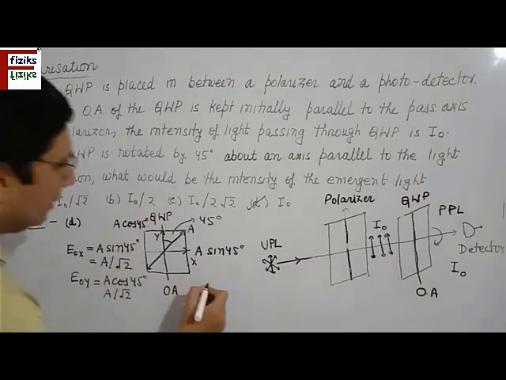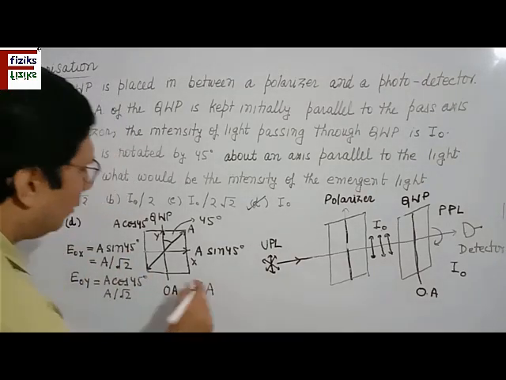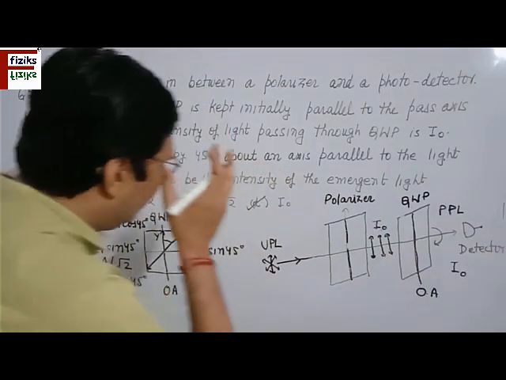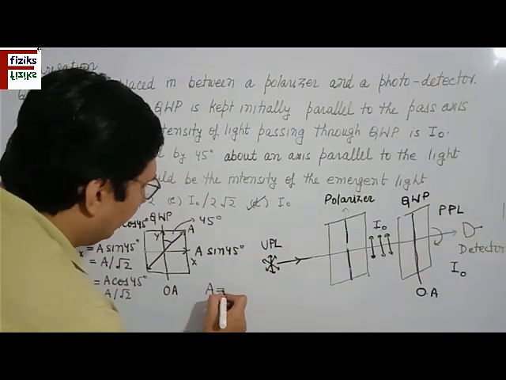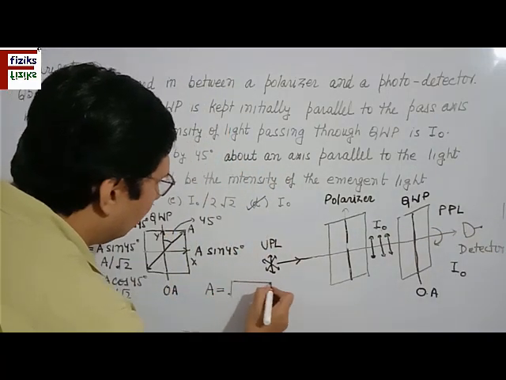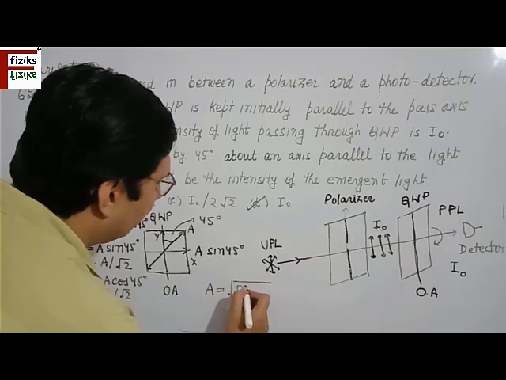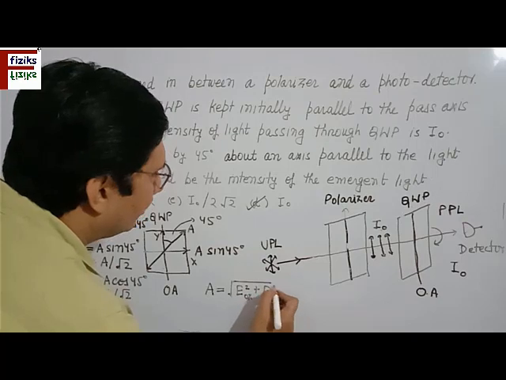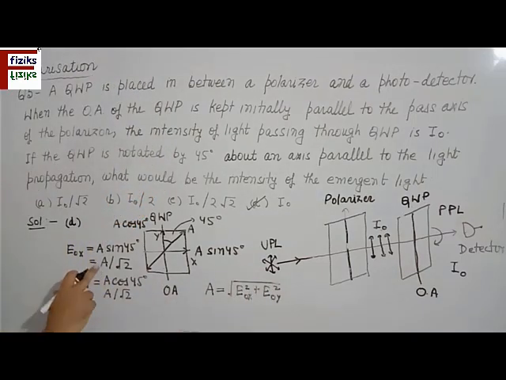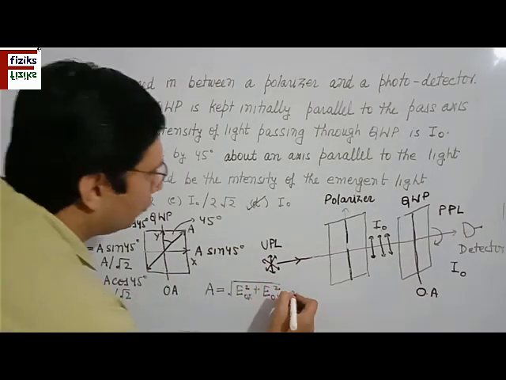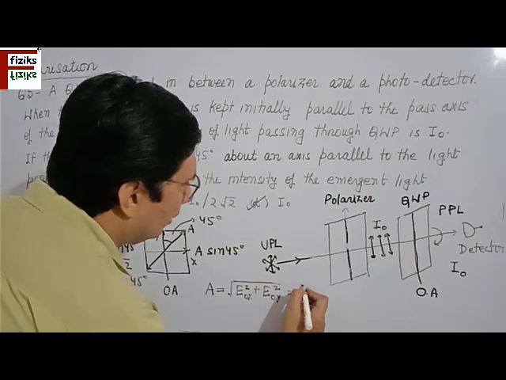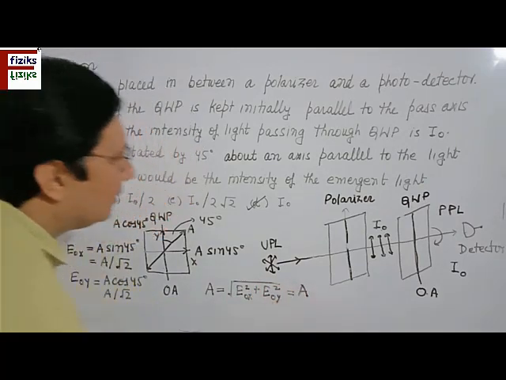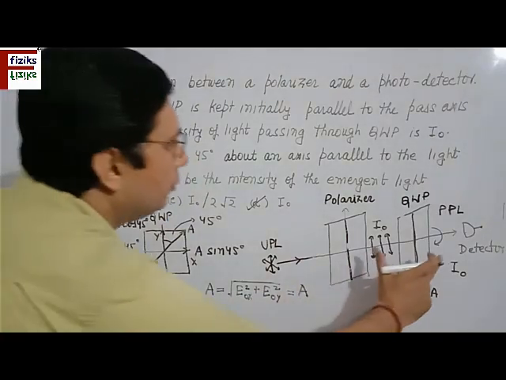So what will be the resultant amplitude on the emergent side? It will be the square root of E naught x square plus E naught y square, so A square by 2 plus A square by 2. On the emergent side, again we will have an amplitude A.